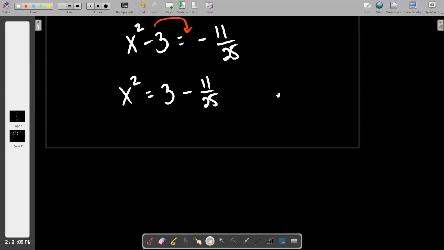Good? All right, so let's use our awesome new trick where we want to take the number 3 and make it into a fraction that plays nice with the fraction next to it. Well, I want the number 3 to be a fraction, but I want its bottom to be 25. How did I get 25?